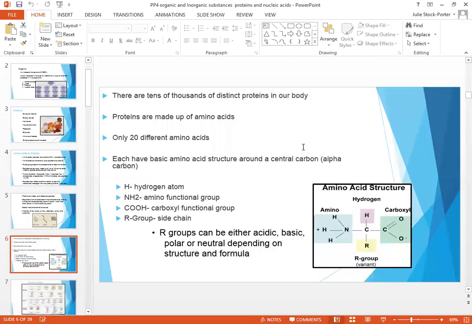There are tens of thousands of distinct proteins in our body, and they're made up of amino acids. You have to kind of wrap your head around the fact that we only have 20 different amino acids. But these 20 different amino acids are going to make thousands and thousands and thousands of different proteins. I guess you can kind of equate it to the alphabet versus how many words are in even just the English dictionary.